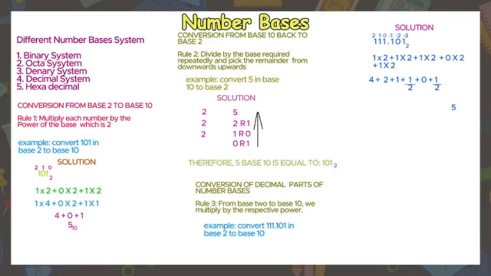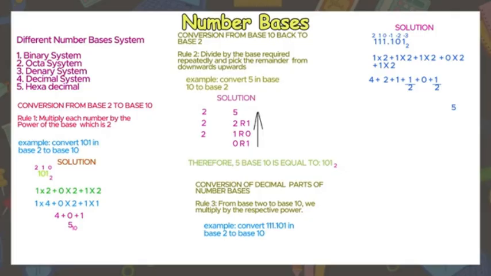Here we are going to have 1 multiplied by 4. 2 raised to power 2 will give us 4. Plus 1 multiplied by 2, plus 1 multiplied by 1. 2 raised to power 0 is 1. Then plus 1 multiplied by, the interpretation of this in mathematics is the reciprocal.